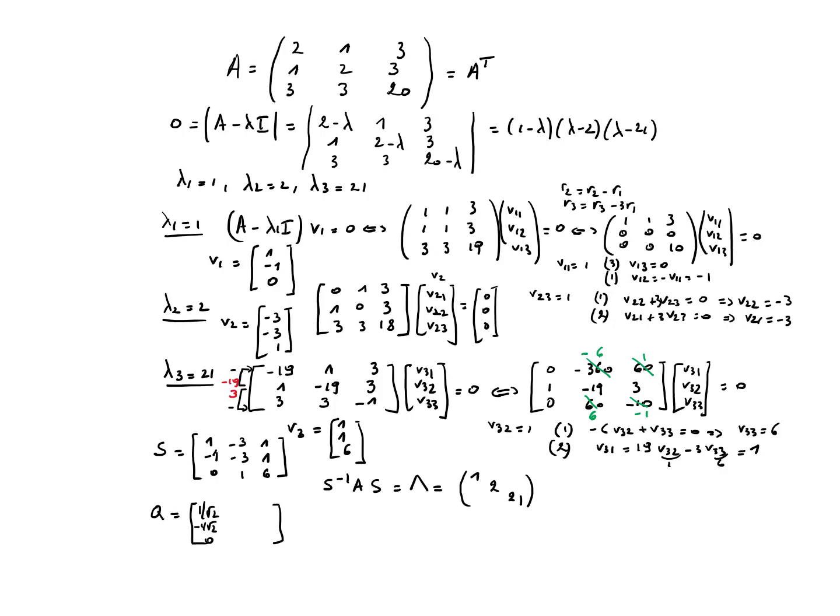This one will have minus 3 over square root of 19, minus 3 over square root of 19 and 1 over square root of 19. Okay, so its length is square root of 19, and this one will have a square root of 38 length. So 1 over square root of 38, 1 over square root of 38, and 6 over the square root of 38.